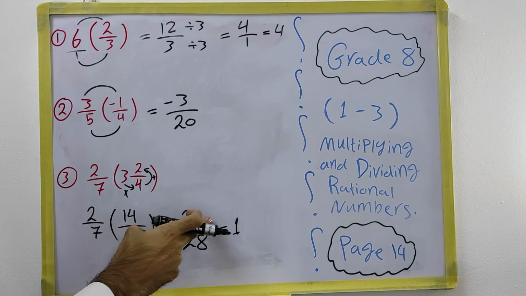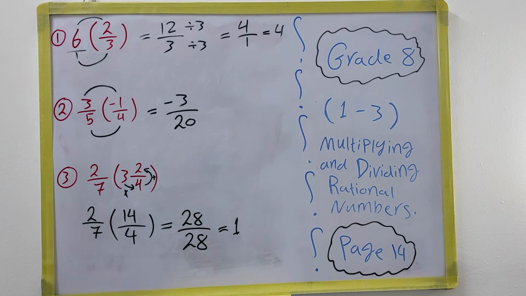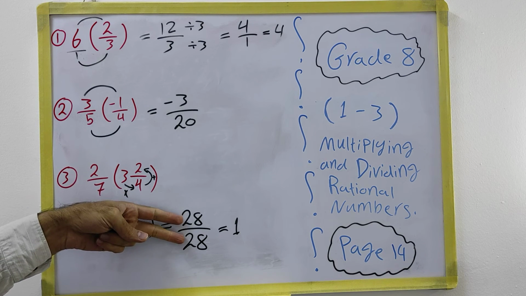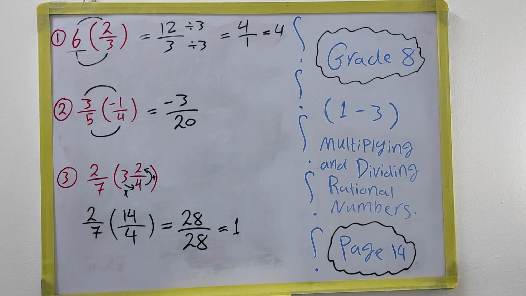Directly you can say divide by 28, divide by 28. When you have the same number over each other, the result equals 1. This is the final result for this one as well.